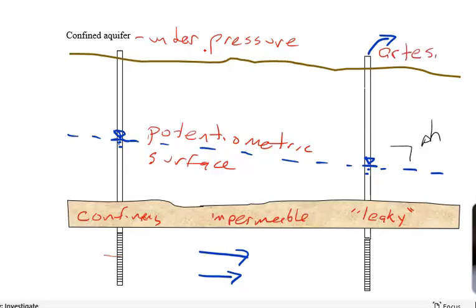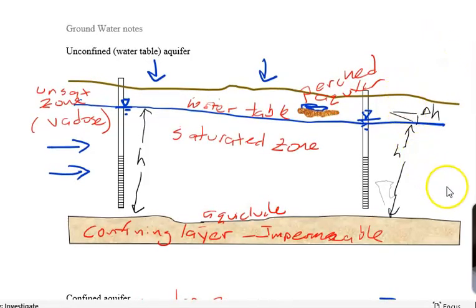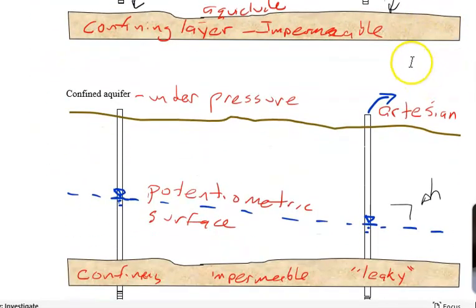Sometimes people just use artesian for any confined aquifer, but I think a more rigorous definition is if it comes out at the surface. This surface can go down, so it might be coming out in some places, not in others. For either of these, if the ground surface comes down and the water's leaking out, then we have a spring or a seep or something like that.